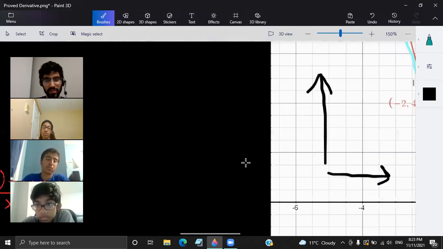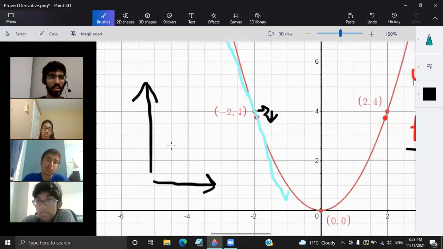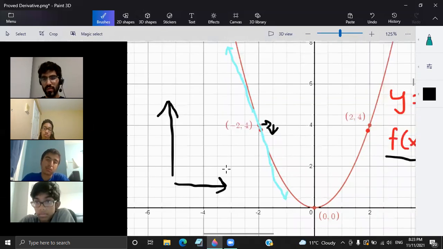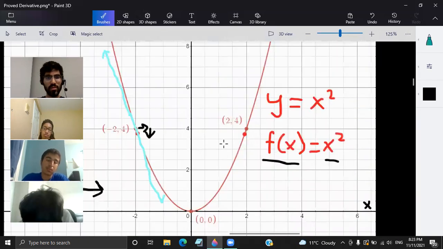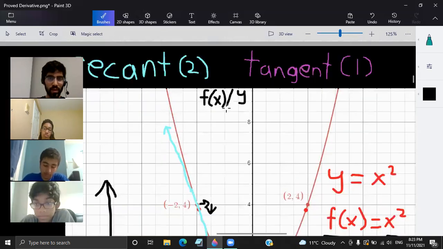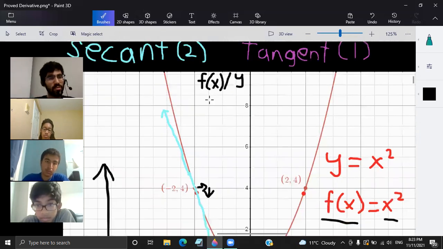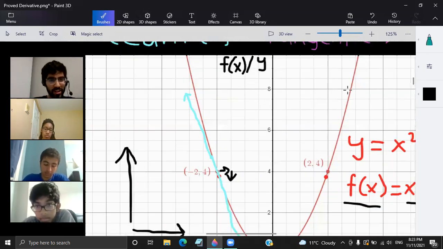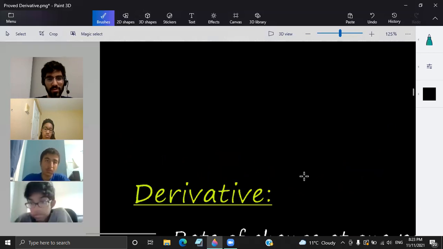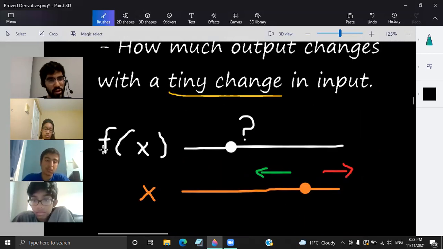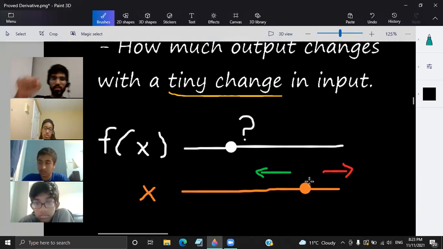Except with derivatives, we're saying the change in x has to be really tiny. The change in input has to be really tiny. And we have to see then how much the output changes. It's a little bit like we have a set of knobs. So we have a function, you put in the input, and you can tune the knob.